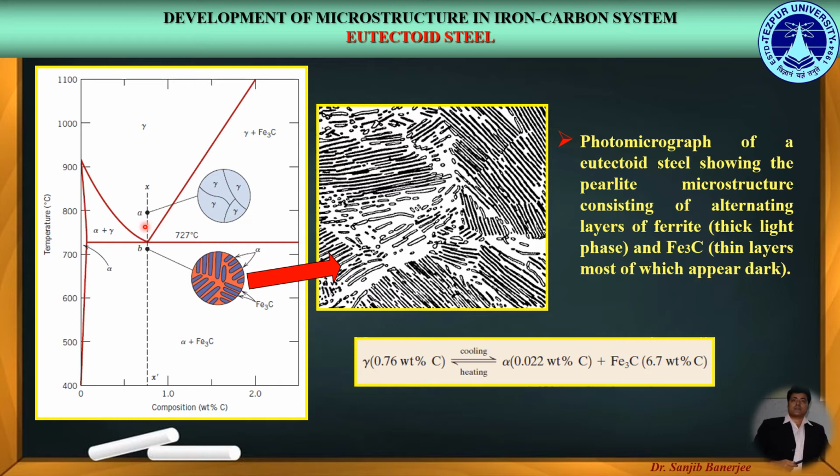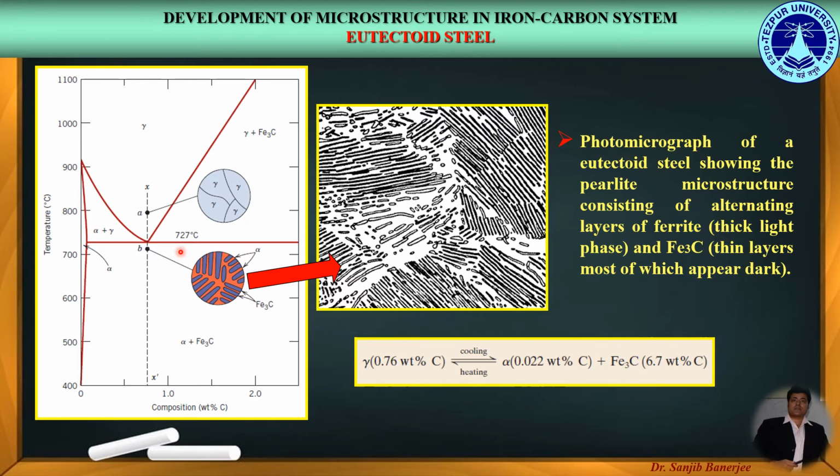Now from point A, as the alloy is cooled, there will occur no change until the eutectoid temperature, that is 727 degree centigrade, is reached.